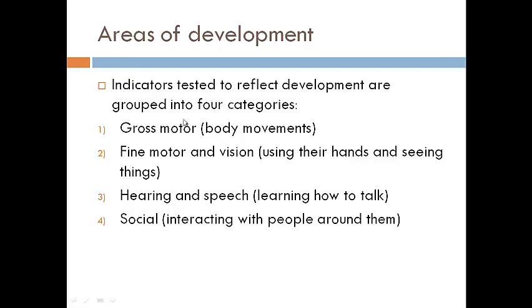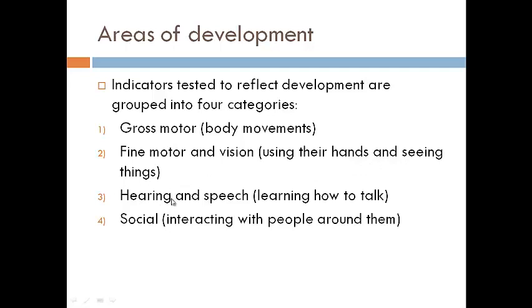The first area is something called the gross motor area, and this basically refers to body movements. So basically, how is the child moving his or her limbs and body muscles. All right. The second area is fine motor and vision, which is basically anything that involves using their hands and their eyes.